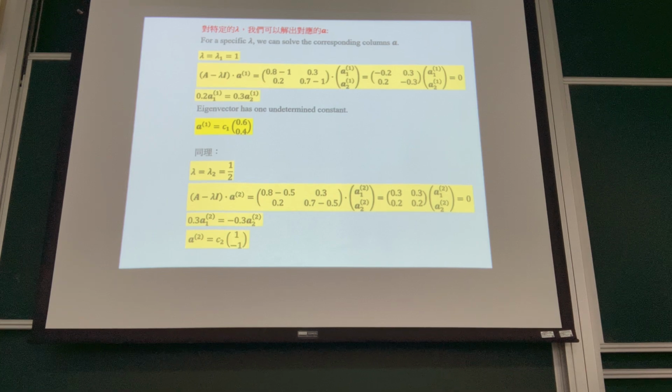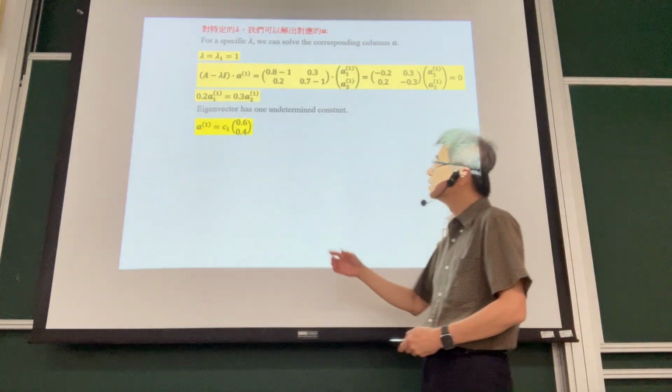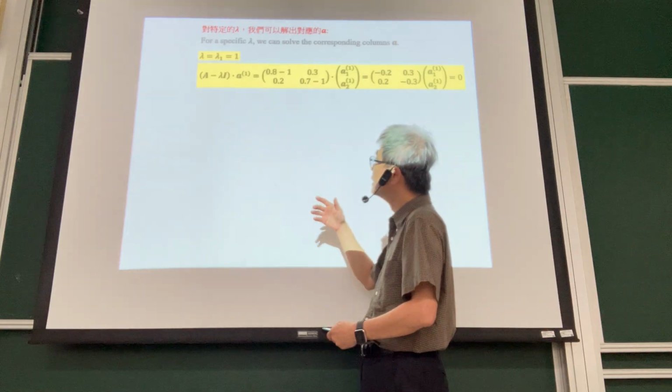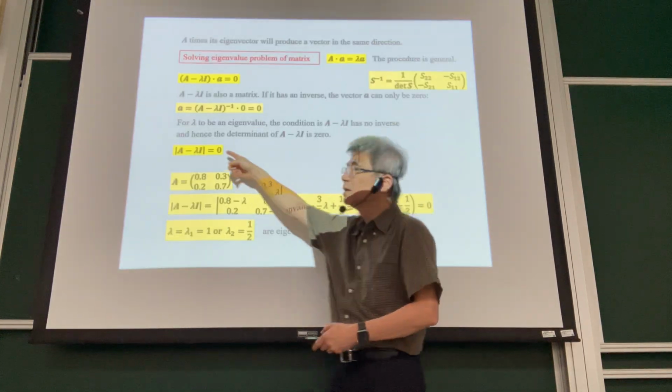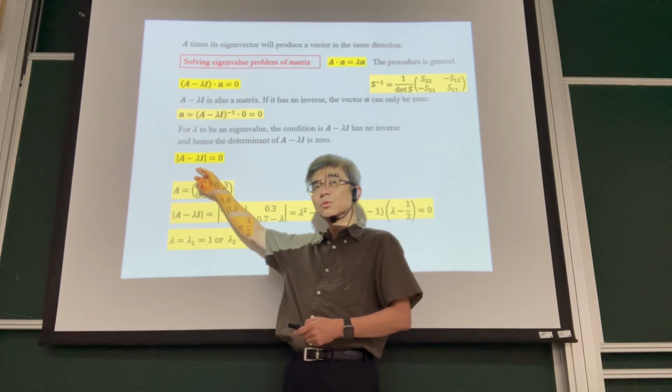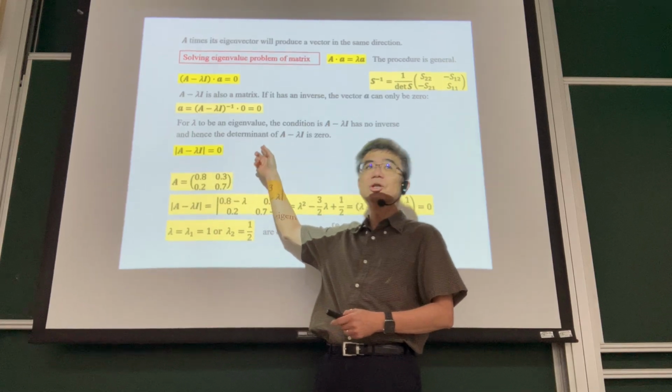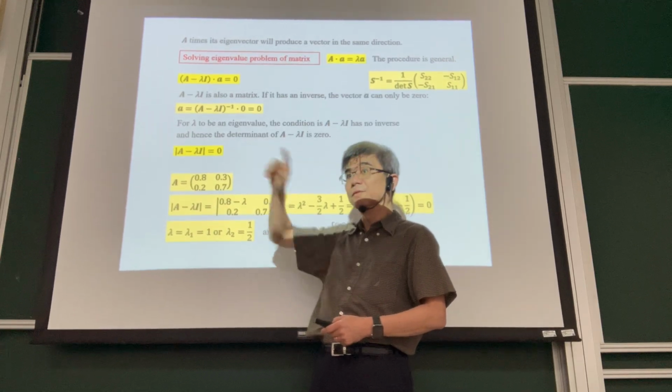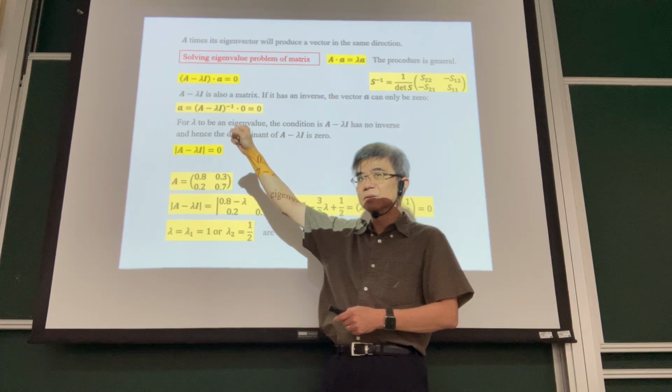How about 4? Of course, if it is a 4 by 4 matrix, then there will be 4 eigenvalues, because the characteristic equation will be an algebraic equation of the 4th order. Is it okay?